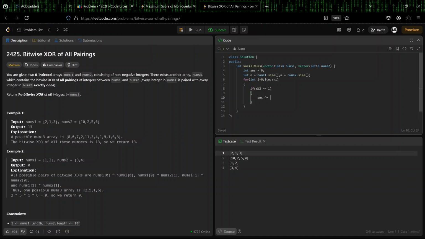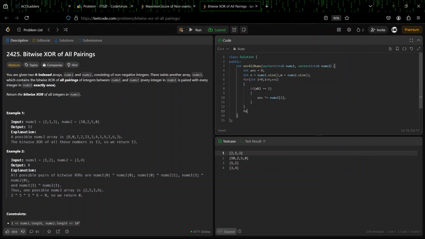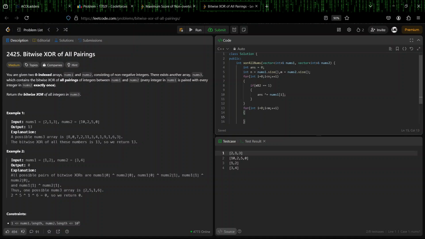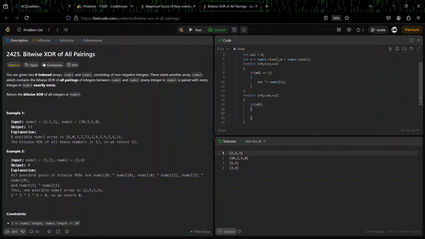So I will take answer A, XOR it with nums1 of I. And similarly, for the second array, okay, I will make it more optimized actually.